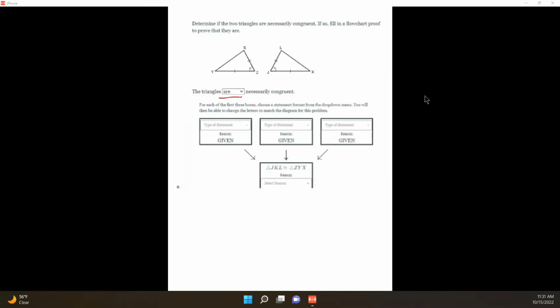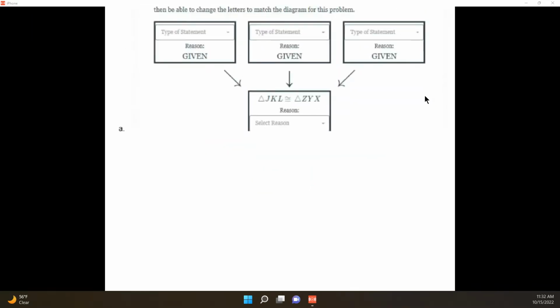All right. So the main thing I want you to remember here about the triangle proofs is that these are the five theorems that make congruent triangles. So it's side, side, side, side, angle, side, angle, angle, angle, side, or HL. Probably will not be seeing HL on the midterm, but these are all things that make congruent triangles.